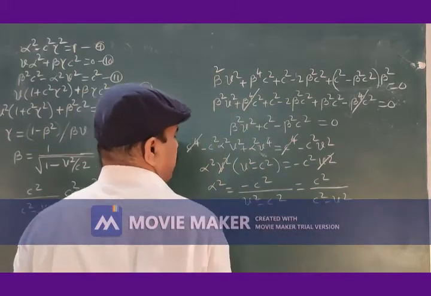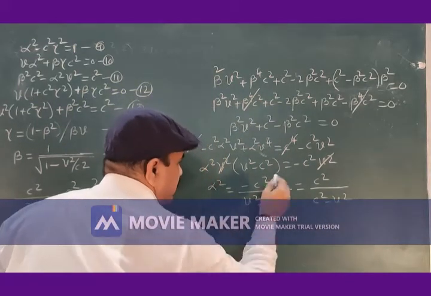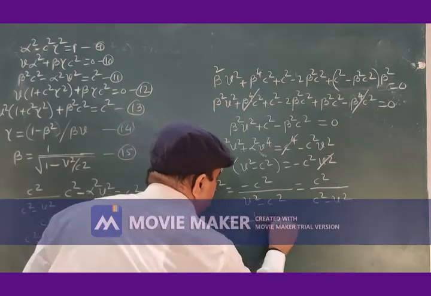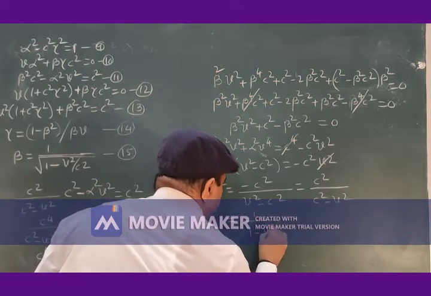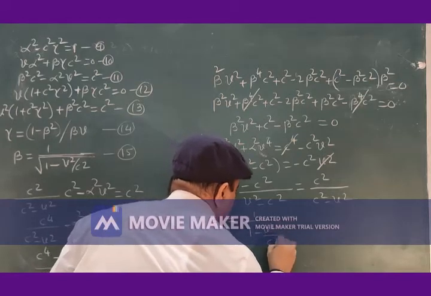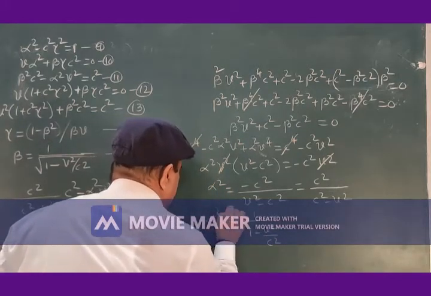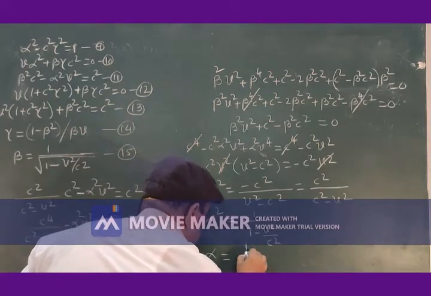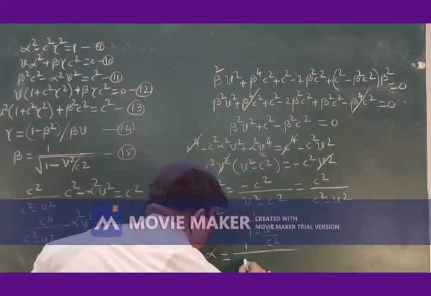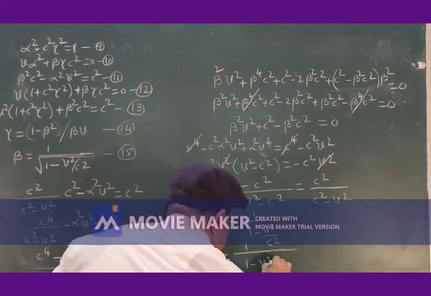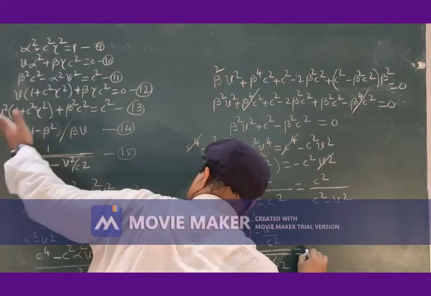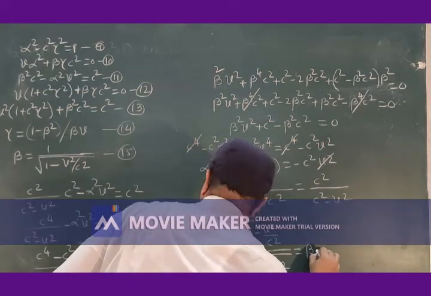If it is divided by c square, in the numerator and denominator it will be 1 divided by 1 minus v square by c square. This is alpha square, and therefore alpha will be simply equal to 1 divided by the square root of 1 minus v square by c square, which is also equal to beta.